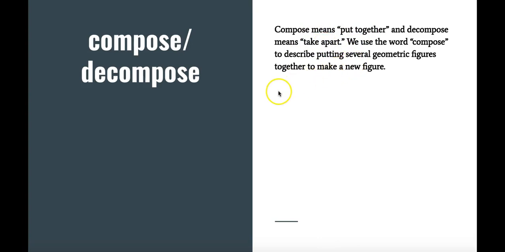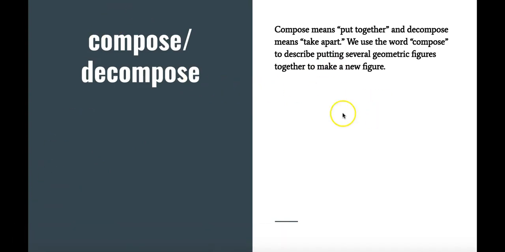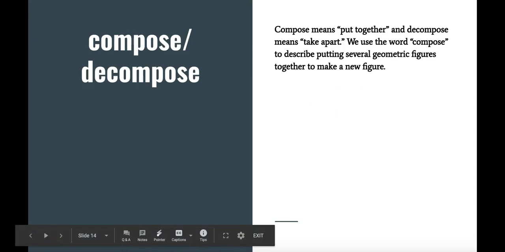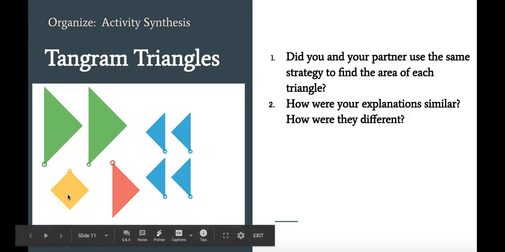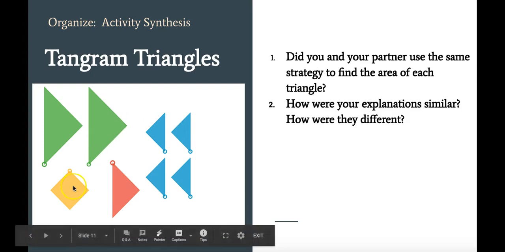So when we were talking about back on our original with our green triangles, the blue triangles that we were using earlier could be put together to make one yellow square unit, or we could take 4 of these, and by moving them around and rearranging them, we could compose the same triangular space, but now we can also understand that it is worth 2 square units in the same way as using 2 of these would make 1 square, because we're able to rearrange those and compose this other shape and use that to transfer that knowledge into being able to figure out our other triangle here as well.